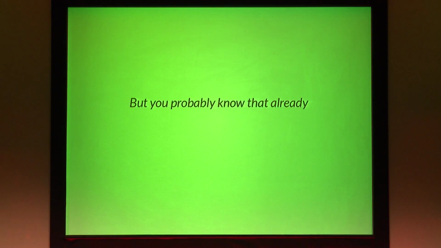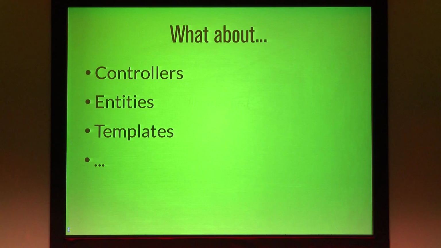So you may have heard that idea already, like yesterday in a workshop or maybe earlier today. It's called the libraries first approach. So you start to develop your core, like model and services, and then you start looking for a framework that is going to wrap that. But what about things like controllers, entities, and templates?